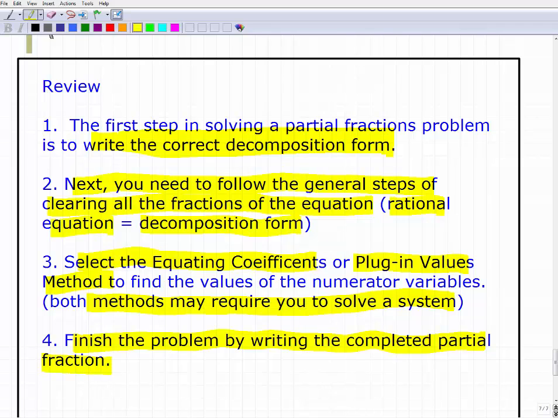I want to say something before you get going on the example sets. I'm going to be doing one problem using one method, the next problem I'm going to use another method. You don't have to follow that, and if you want to do the opposite method of what I'm doing, that's fine. But you need to know both of these methods, because one method might start getting very complicated, and if you feel like it's getting out of control, you can stop and try the other method and go from there.